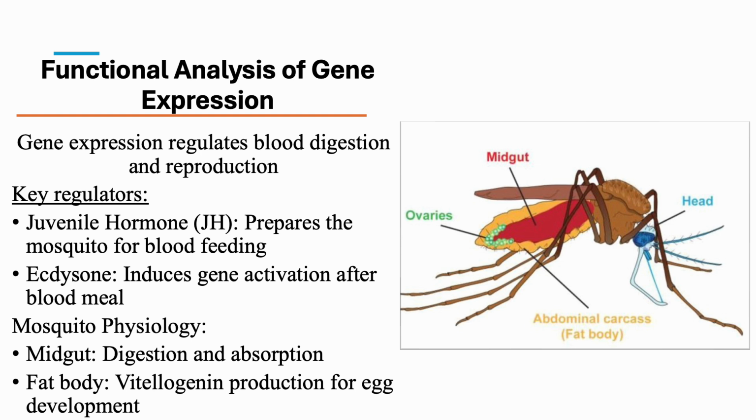After the meal, the juvenile hormone levels potentially drop, and this signals a whole new phase. That drop allows other signals, nutritional cues, and different hormones to step in and guide this whole process of digestion and development.